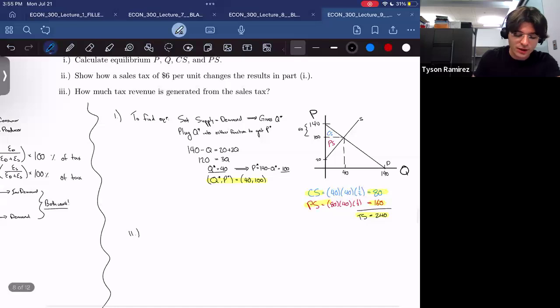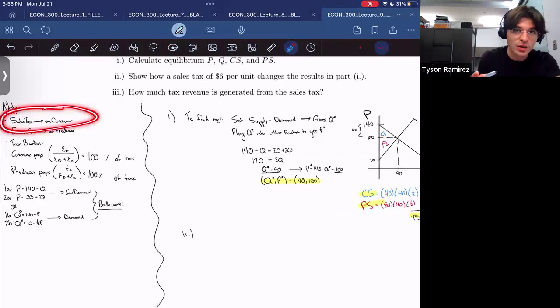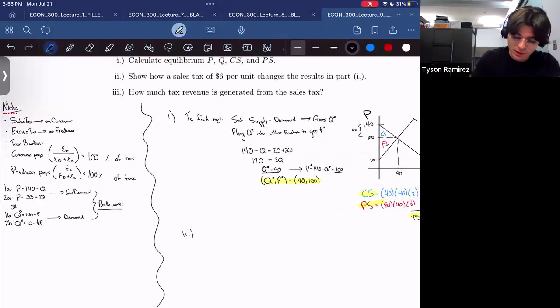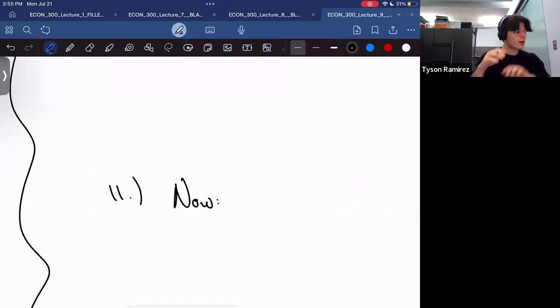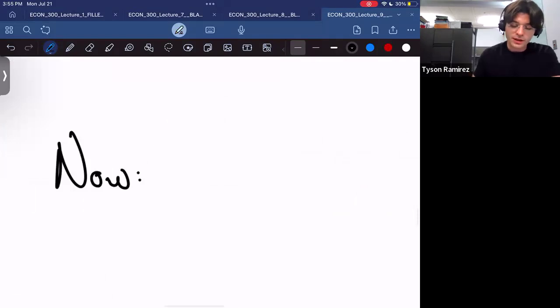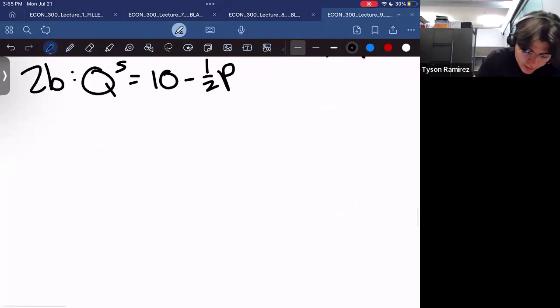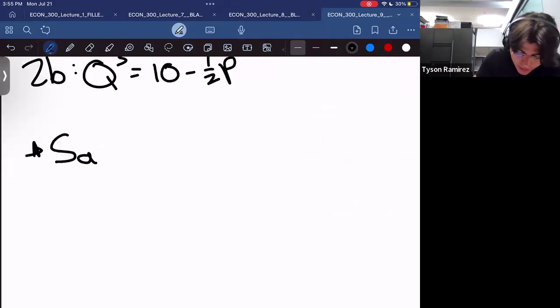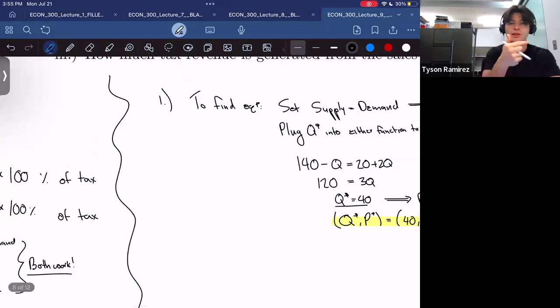And that's why I started off with all of this stuff. A sales tax, we know that's going to go on the consumer side of things. I wanted to write this, but I'm losing some space. So now with the sales tax, of course, this shifts the demand curve to the left.